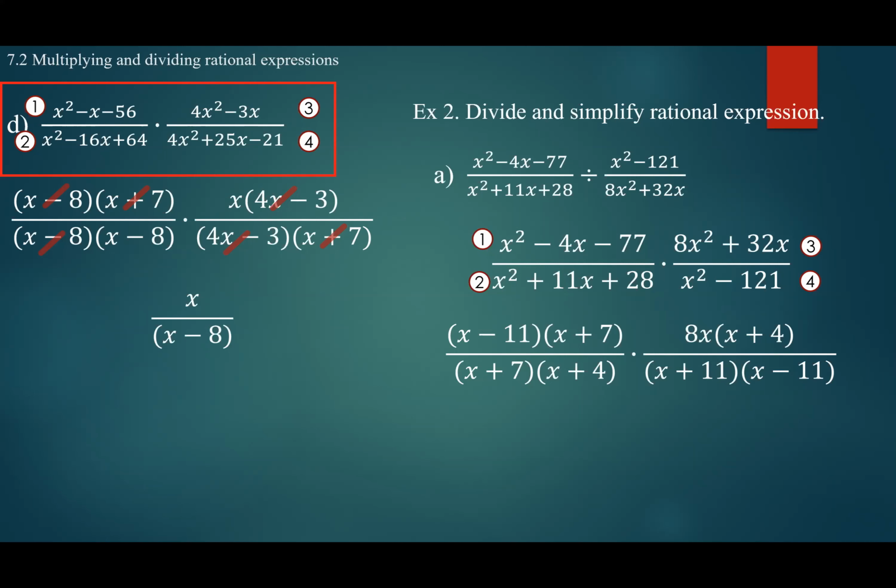Once you factor them out, the only thing new is what can I cancel out? As you can see, x minus 11 can cancel out. x plus 7 on top and x plus 7 on the bottom can cancel out. And x plus 4 can cancel out. Therefore, my answer is 8x over x plus 11.